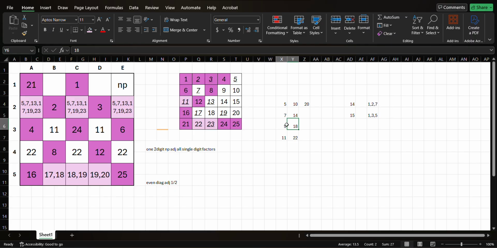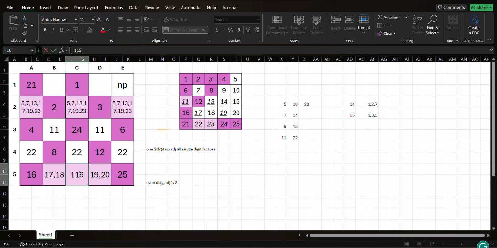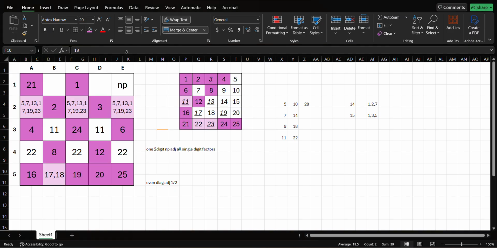If we look at this 18, it'd have to be diagonally adjacent to a 9. So we can't have the 18 in there, which leaves only 19 there, which forces that to be a 20.